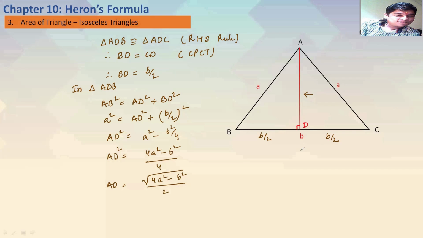Is it going to be 2A minus B by 2? How is it going to be 2A minus B by 2? The square root is not separate, right? In between, there is a minus, so we cannot do that.